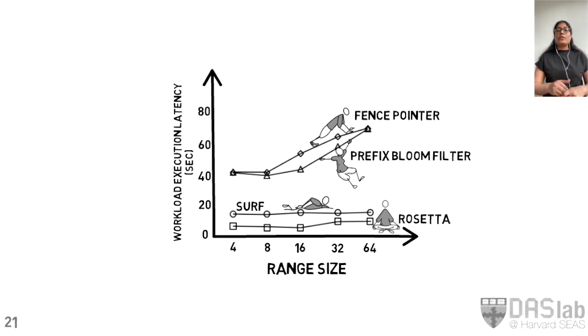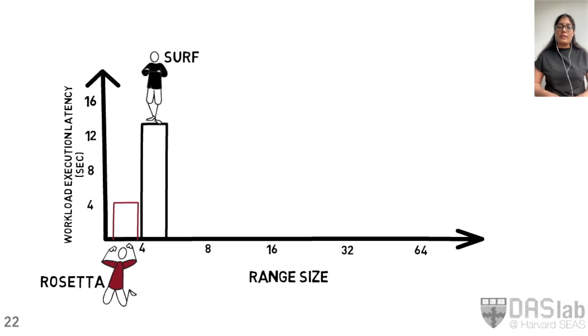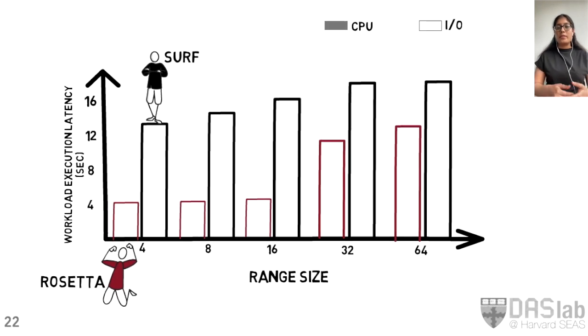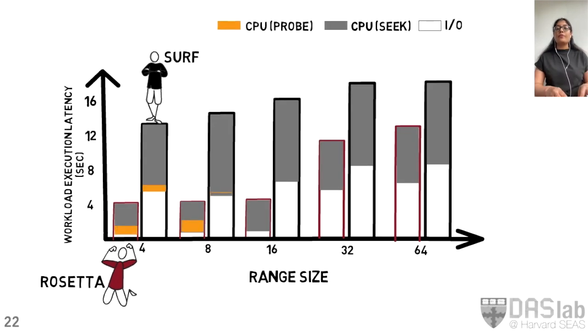Now, this being said, note that it's not just the reduced FPR that contributes to the increase in Rosetta's performance. For example, if we take a closer look at both Rosetta and SuRF and try to isolate the different CPU and I/O overhead, what we observe is that the filter probe in Rosetta is about 19% of its overall CPU cost, whereas it's only 5% in case of SuRF.